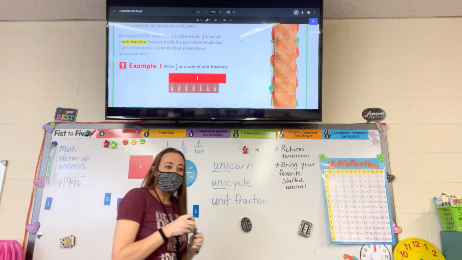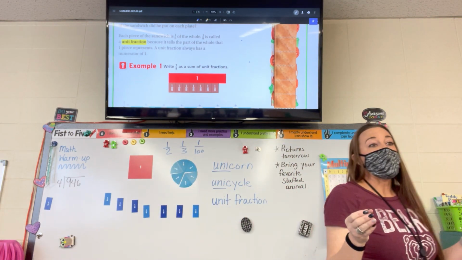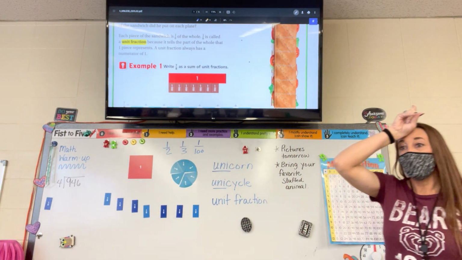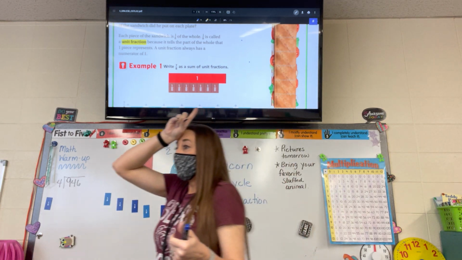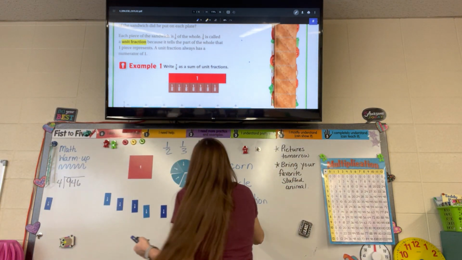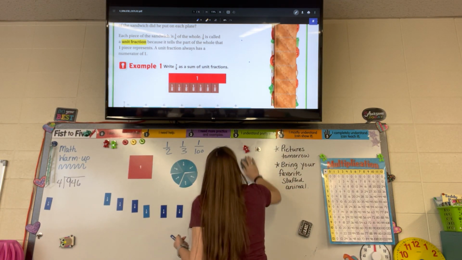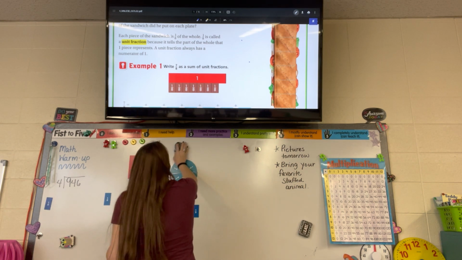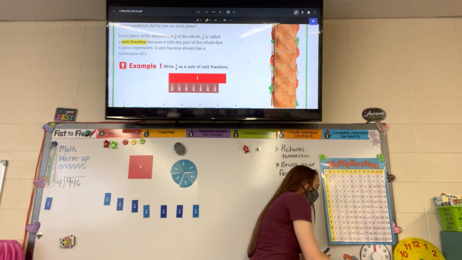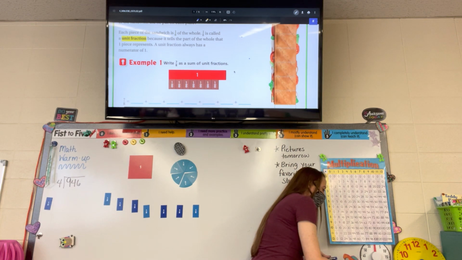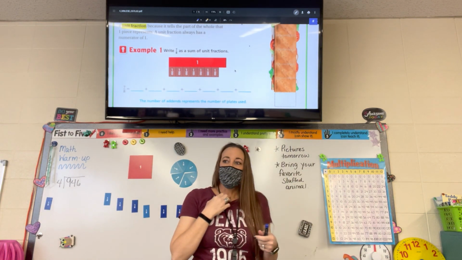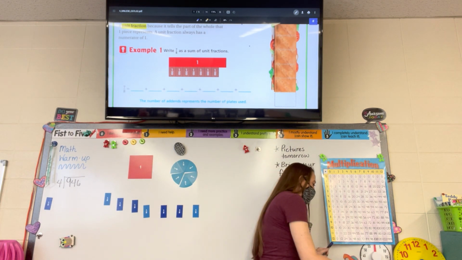Okay, you guys seeing how these are? Any fraction that has a 1 on top, like a unicorn, is a unit fraction. That's going to be important for our lesson today. So a unit fraction always has a numerator of 1.